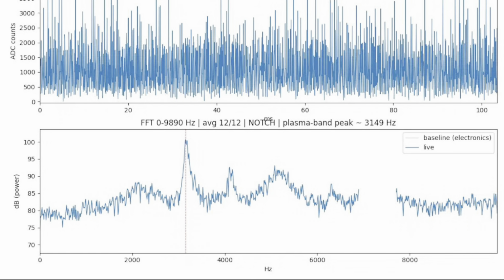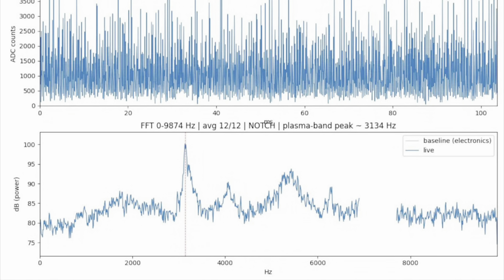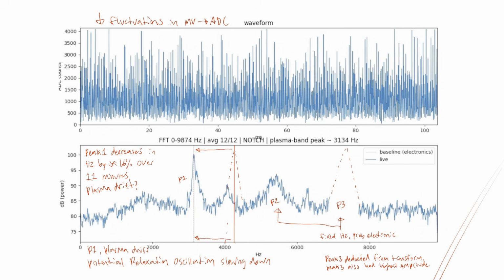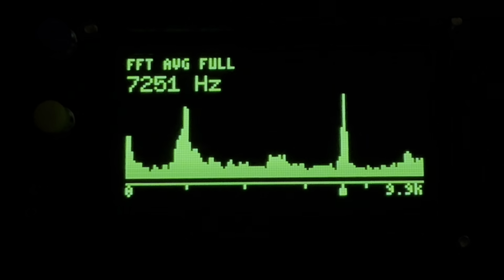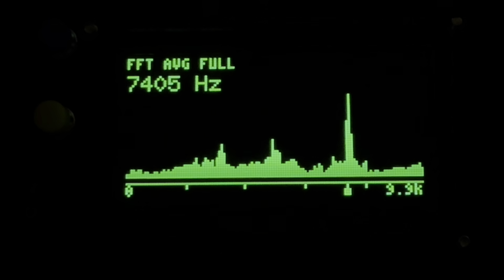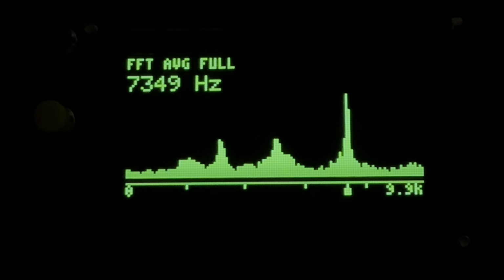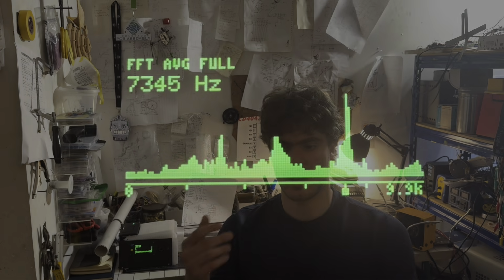I've pulled some data sets from this tube, and the first two peaks are probably electronics, because they don't seem to move at all. I believe them to be some kind of switching boost converter I have in there, sustaining the 200 volts.